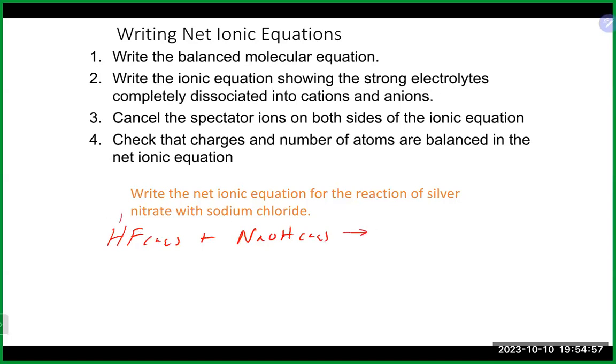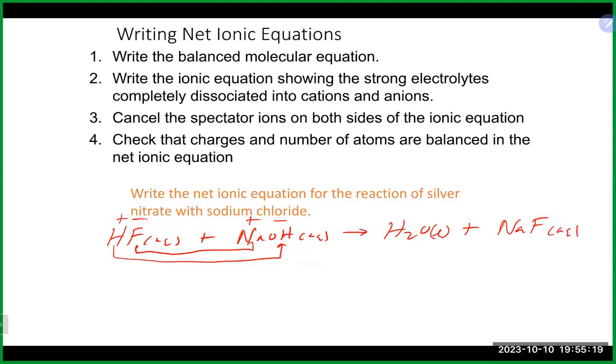So this is a double displacement reaction. We have two ions here. And actually what happens is the H plus and OH minus come together to make water. And our sodium and our F here come together to make sodium fluoride in this particular case, which is also aqueous.